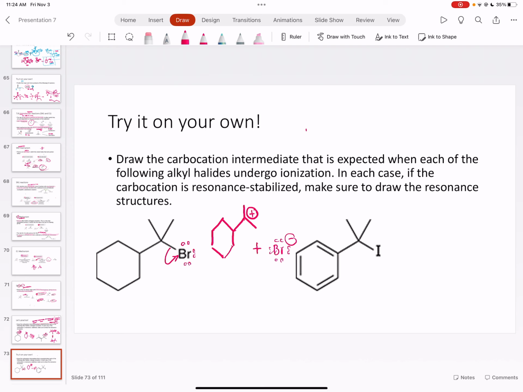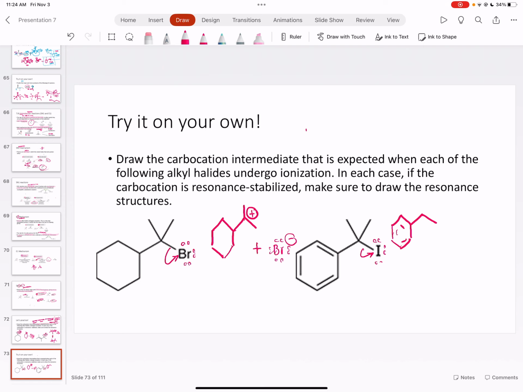And then for the next one, sadly, you're gonna have a lot of resonance structures. So when we break this bond, we're again putting those electron pairs on the iodine, because it's a halide. Things like fluorine, chlorine, bromine, iodine are known to be electron withdrawing, so they draw electrons towards them.